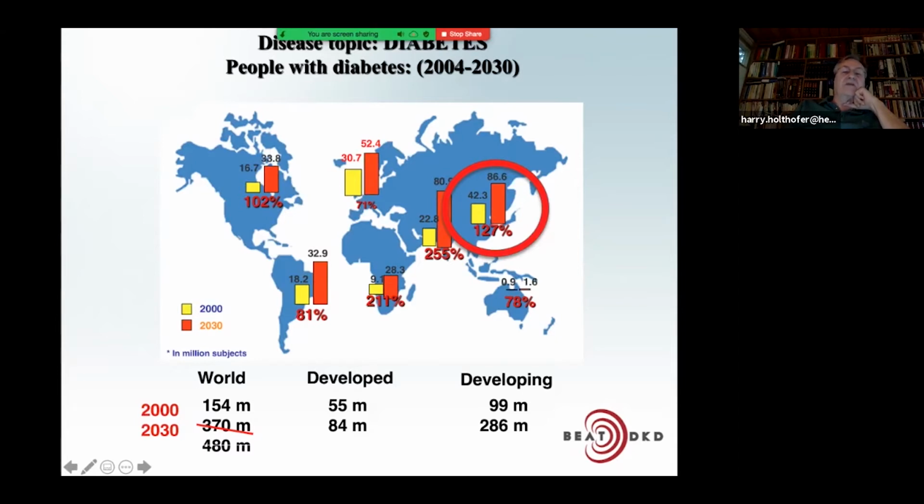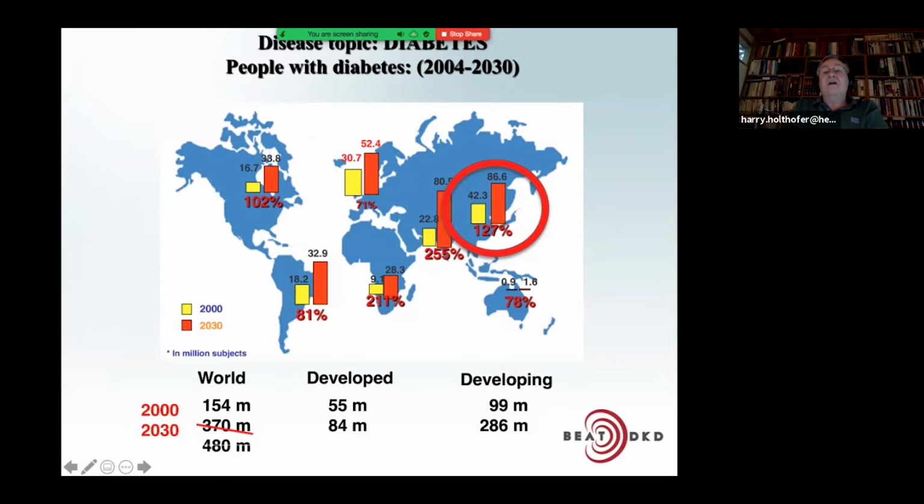WHO made an estimation of the diabetes burden in the world during the coming years up to 2030, and you can see that Europe, South America, and Australia have a moderate increase in the cases predicted, whereas especially in India, in Africa, and in China as well, the increase of diabetics projected to 2030, 10 years from now, was these numbers, so 86 million by 2030.